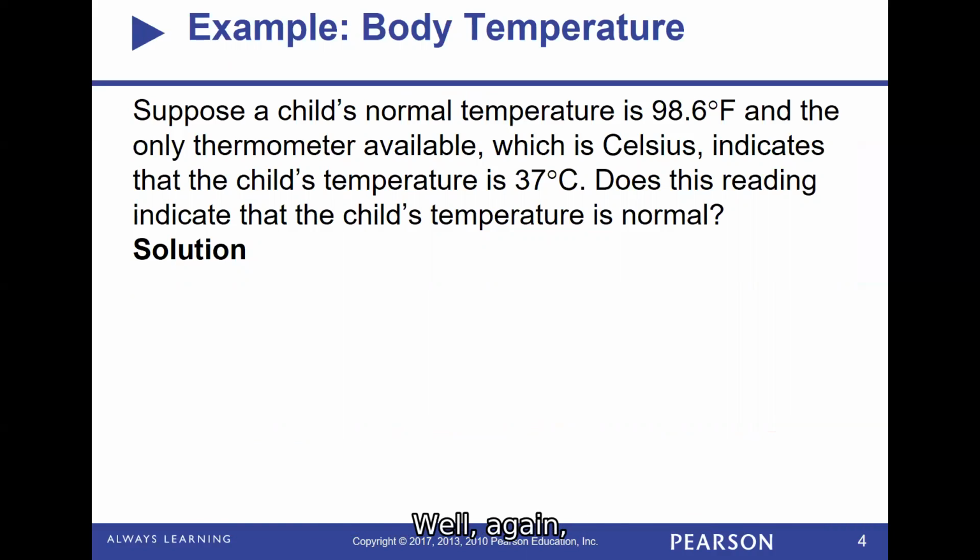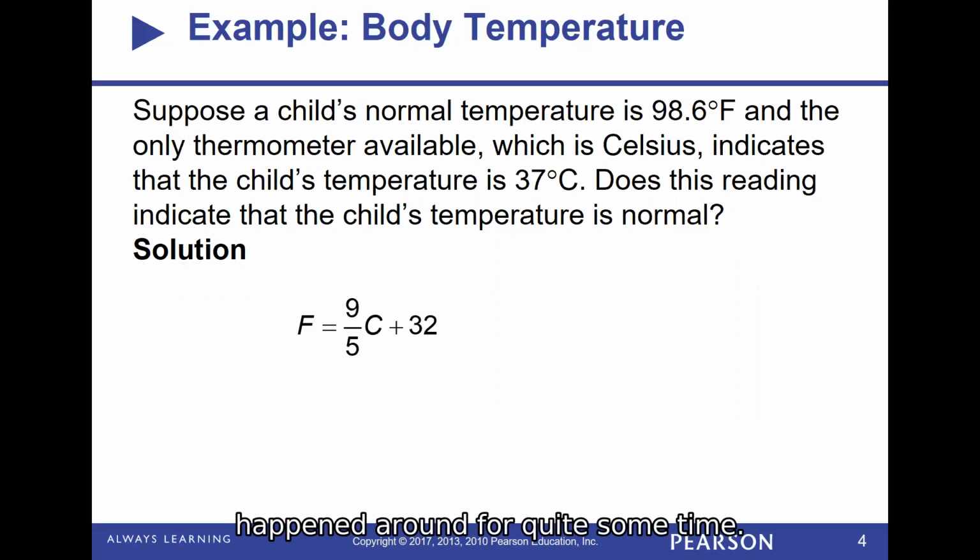We're used to Fahrenheit in the United States, but in other countries they use Celsius. Because that has been around for quite some time, a formula has been developed to go from Celsius to Fahrenheit: F equals 9/5 times C plus 32.